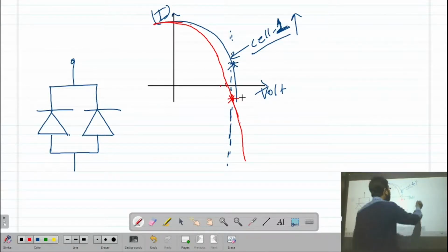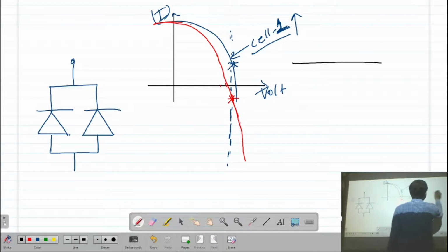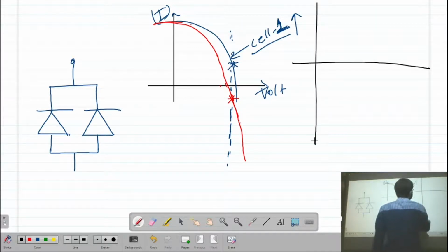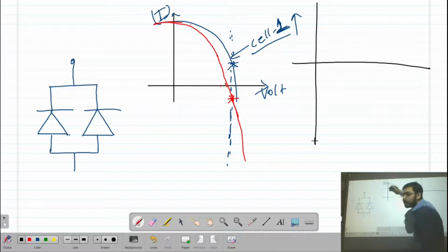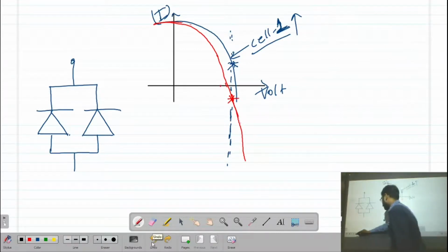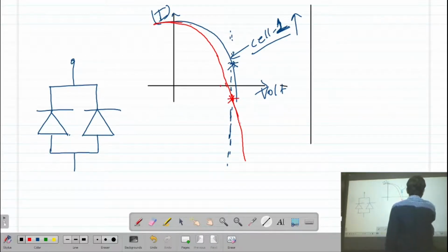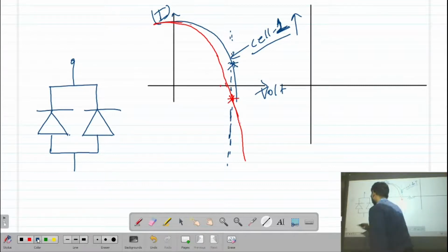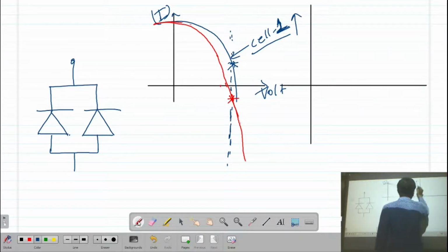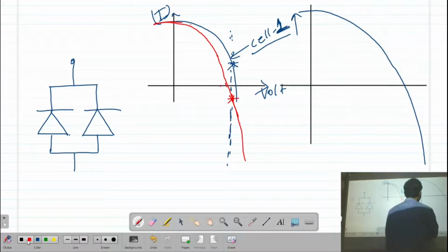But let us see the mirror image of cell 1 and cell 2.